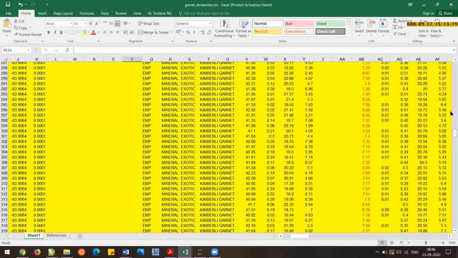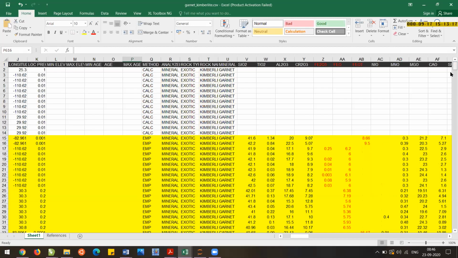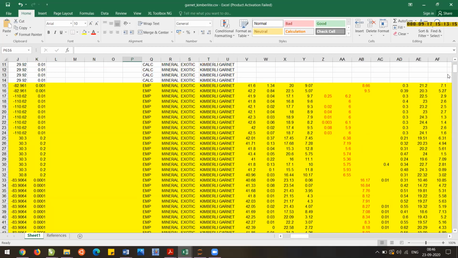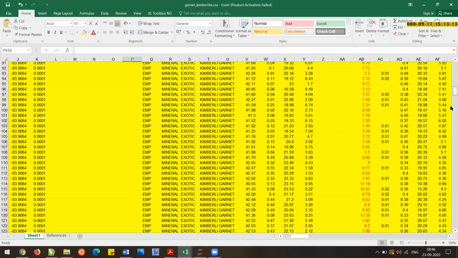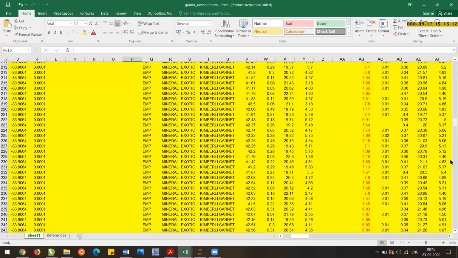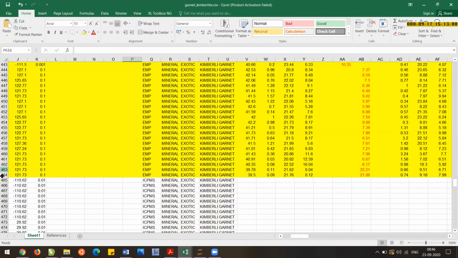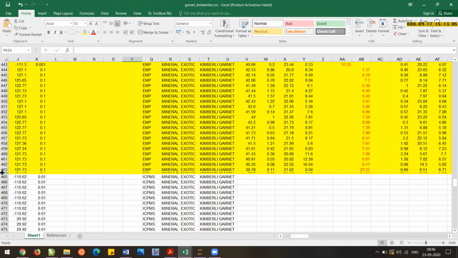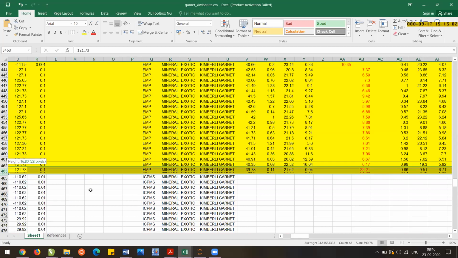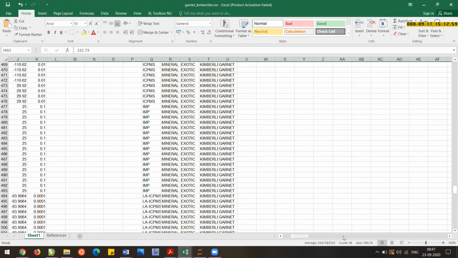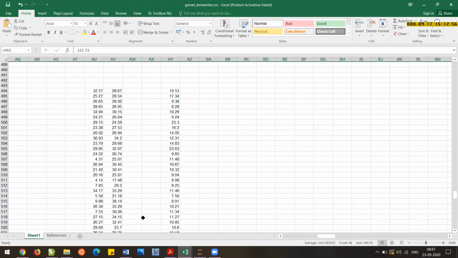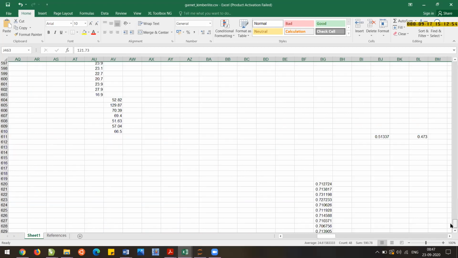Yeah, and I have separated out the major element data and the trace element data in Excel itself, and then for the PC I used only the major element data, and we can see that for major element data we have like 450 points, whereas for trace we have further fewer points.